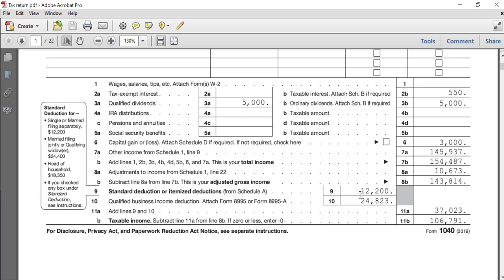But this guy, regardless, is taking the standard deduction, and then he also gets a qualified business income deduction that's based on his business. He also has some rental income, which we'll go over. Rental properties could qualify for the QBI as well, but in his case it doesn't.